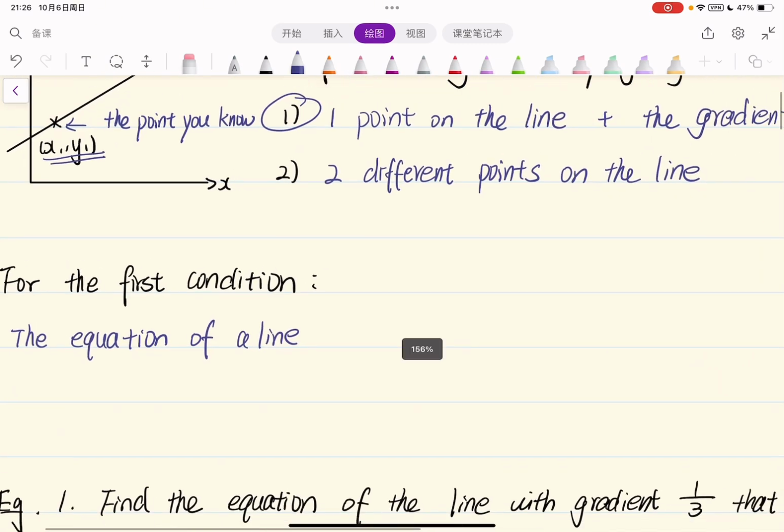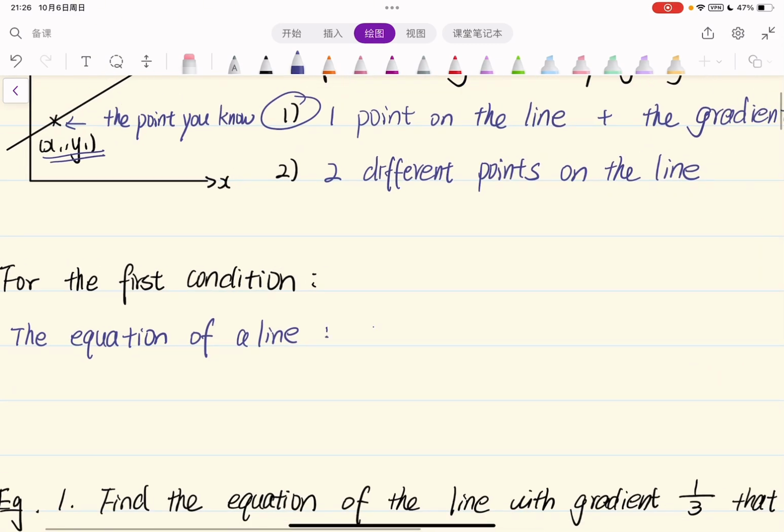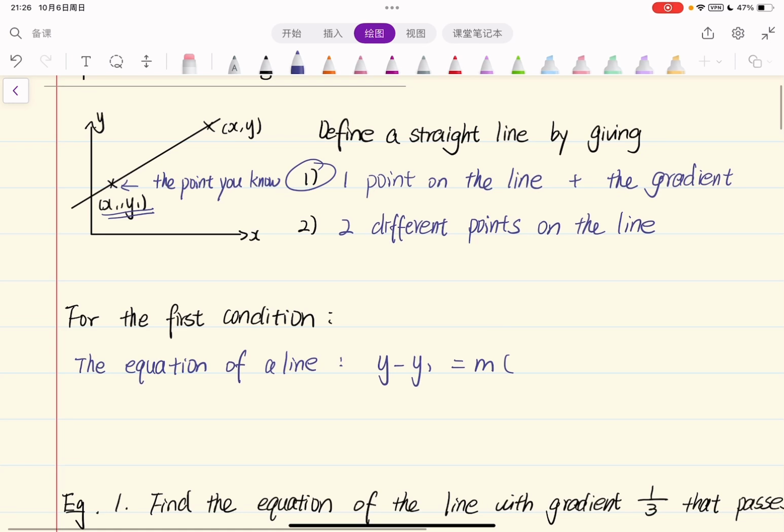That is y minus y1 equals m times x minus x1. This is for the question where you know one point x1, y1 on the line and the gradient m.